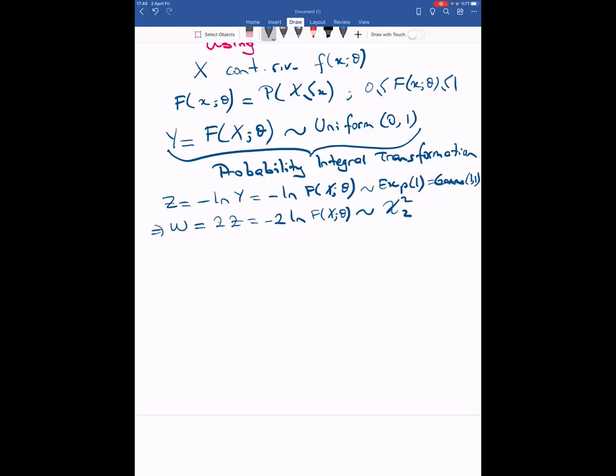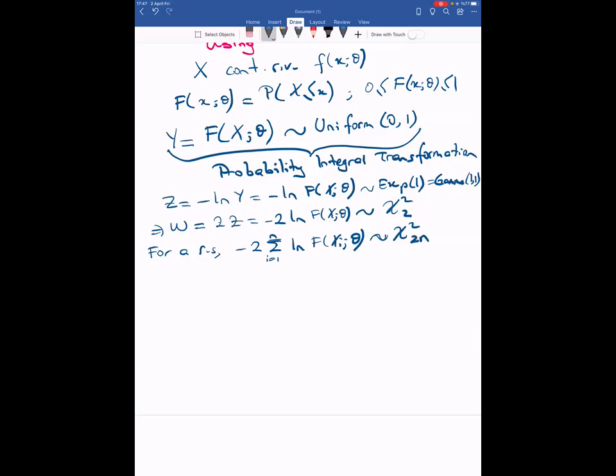Then construction will be easier. This is just for when we have one random variable. When we have a random sample, we add them up, so W is basically minus 2 times the summation of ln CDFs. Here we are using the convolution theorem, basically. The summation of independent chi-square distributed random variables will be chi-square, where we sum the degrees of freedom, so it will be distributed as chi-square with 2n degrees of freedom.